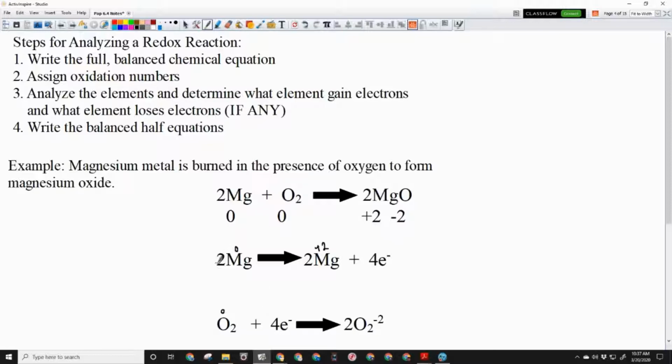So what you're going to do is look at these, which are called half equations. This is the half equation for magnesium. This is the half equation for oxygen. And what you're going to see is you're going to have the same number of electrons on this side as you have on this side. You should, so that they'll cancel out.